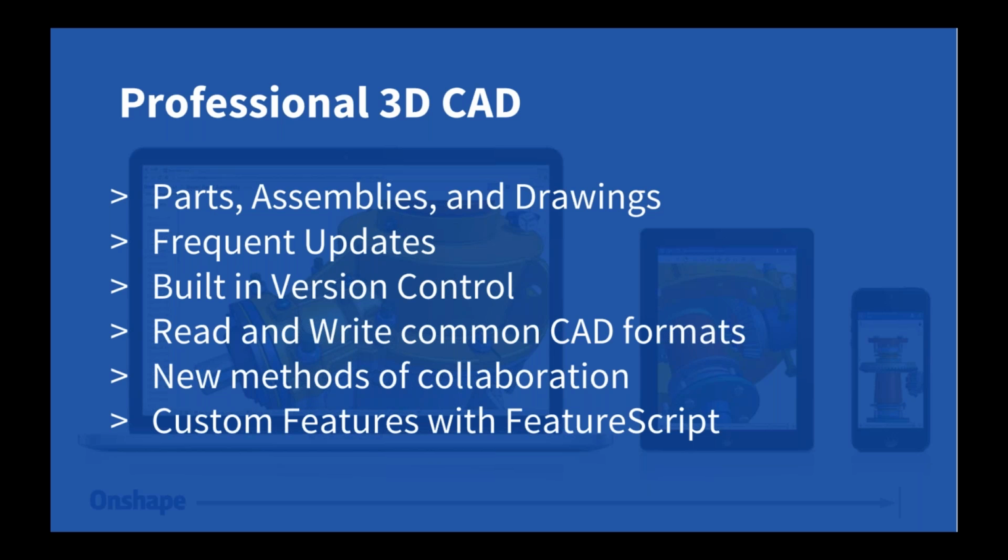The next thing I want to mention is read and write common CAD formats. We have the ability to import and export common CAD formats from many other CAD systems. So if you have a library of CAD data in another CAD system, if you've been using another CAD system for a long time and you've built up all this data over the years, chances are we can import and work with that data. We can also export to a number of different formats as well.